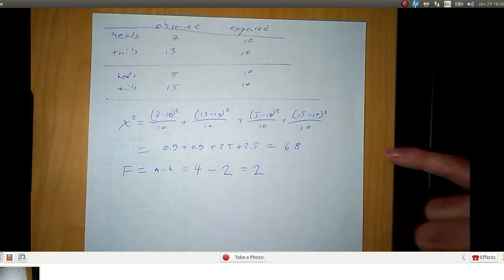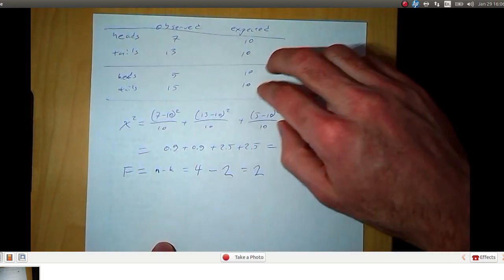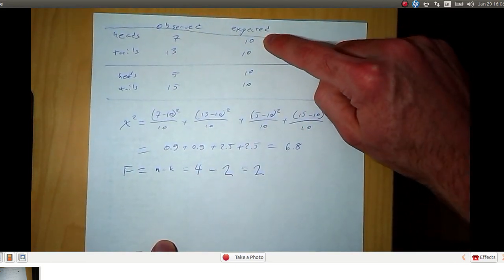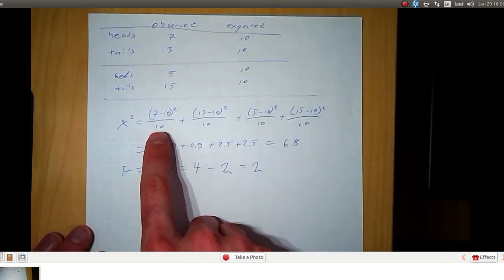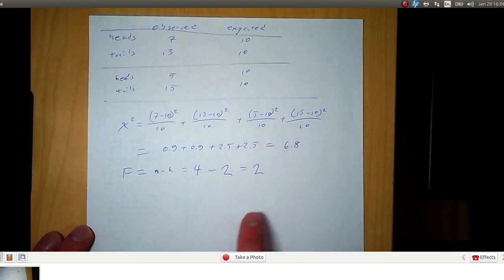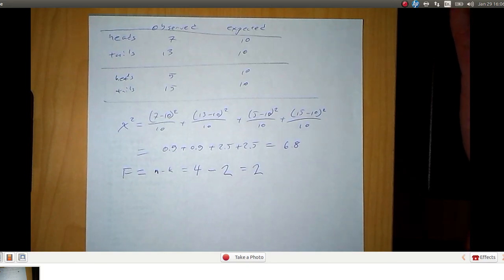And we used our model that we wanted to test to get an expected value, and then we compared that to the observed value to get chi-squared, and then we found the degrees of freedom and used the table in order to come up with our probability for chi-squared being due to random factors.